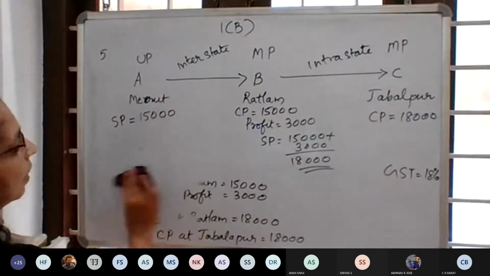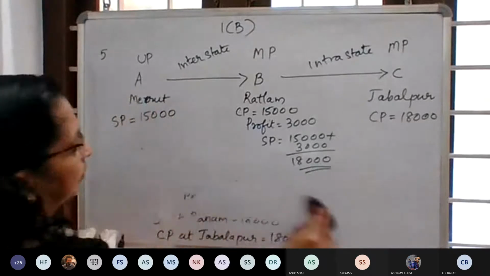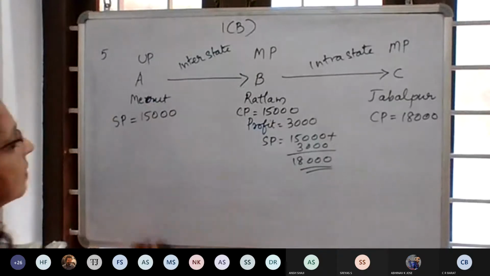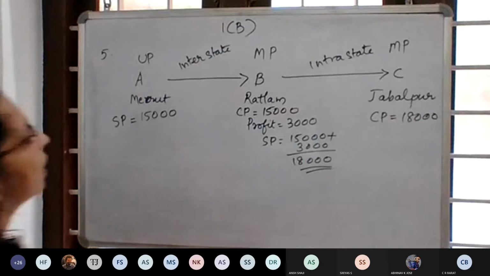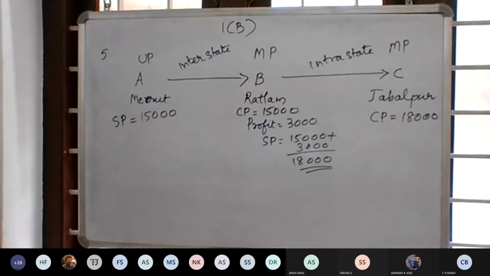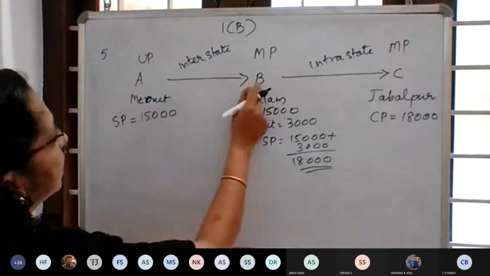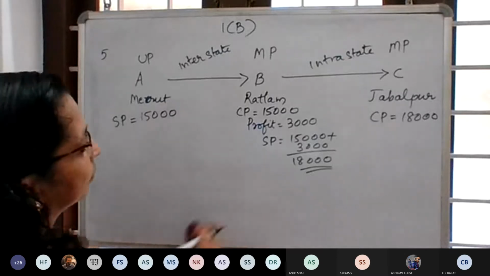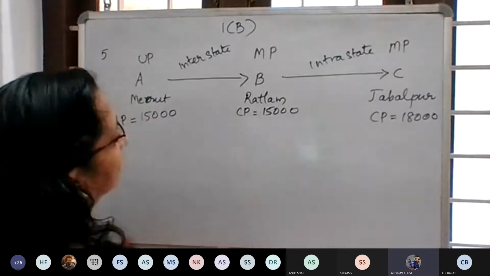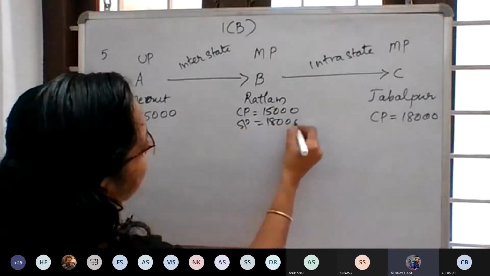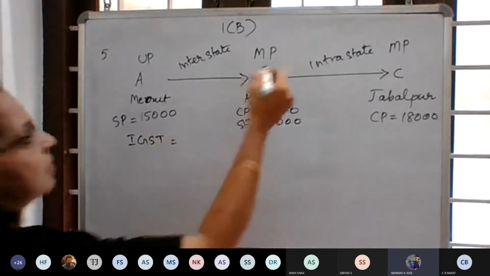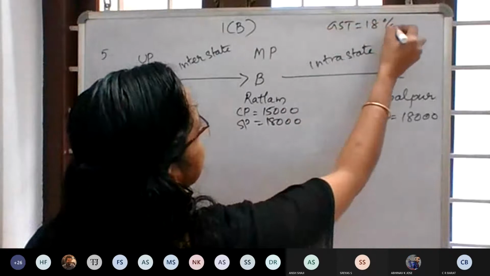So since the transaction from A to B is an interstate transaction, we write IGST. GST is given as 18%.